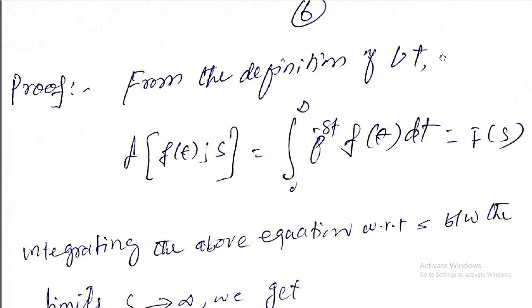From the definition of the Laplace transform, we know that the Laplace transform of f of t is equal to the integral from 0 to infinity of e to the power minus st f of t dt, and this is equal to F of s.